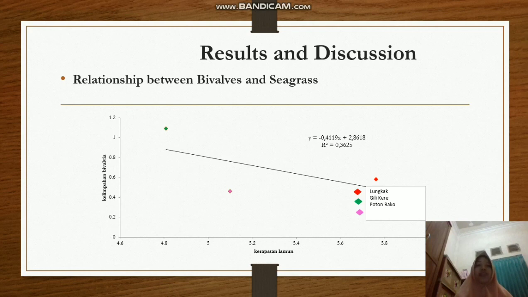Next, the relationship between bivalves and seagrass. This is the relationship of abundance of bivalves and density of seagrass, where R square is 0.36.